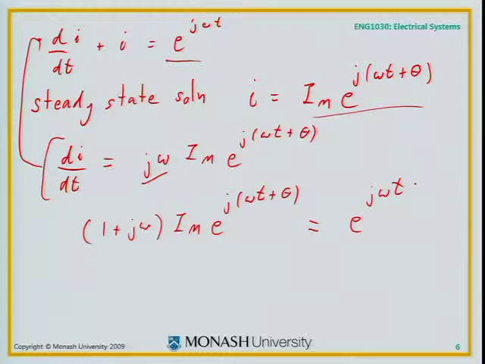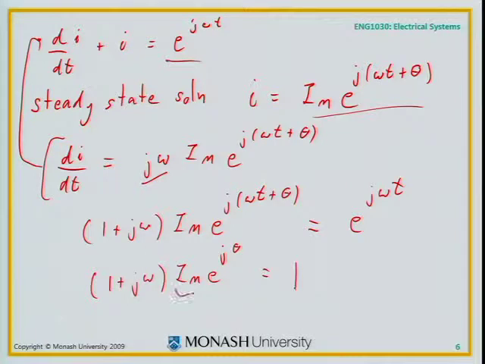What do you notice about the e to the j omega t's? What can I do? I just cancel. There's an e to the j omega t on that side and e to the j omega t on that side. They cancel out. I get left with 1 plus j omega times Im e to the j theta equals 1.